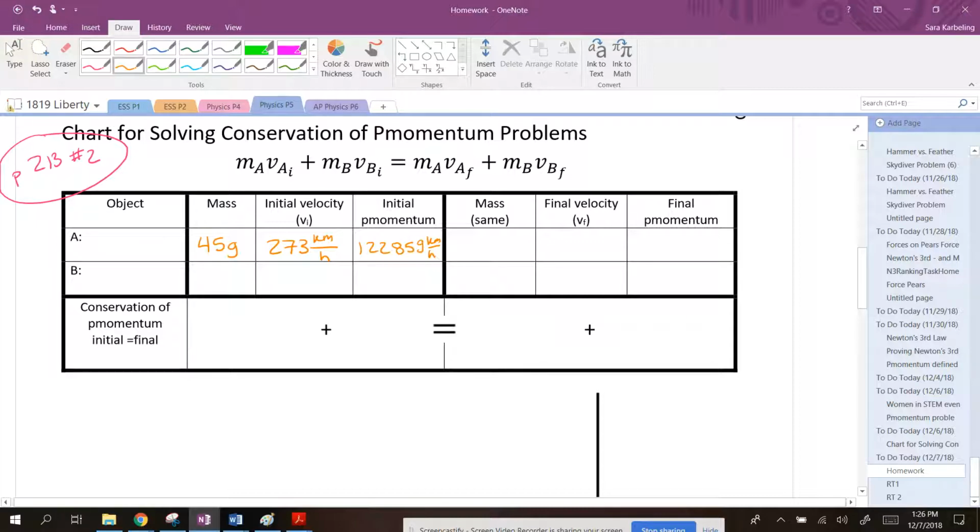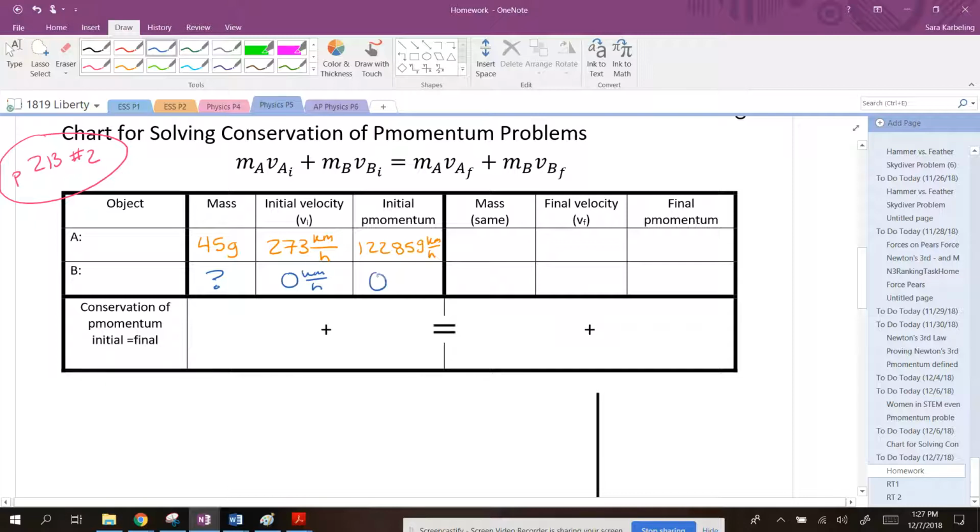So the other ball, we don't know the mass of, right? So that's our question mark. It says that its velocity at the beginning is how big? 0. So that means that even though we don't know the mass, we know that the initial momentum is 0. Does that make sense?